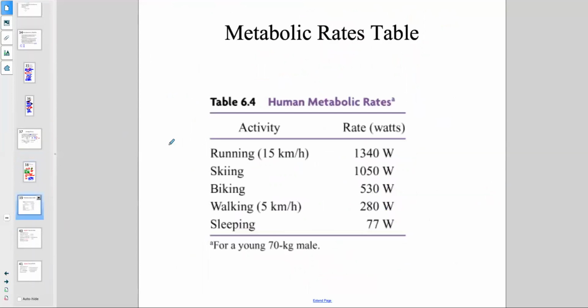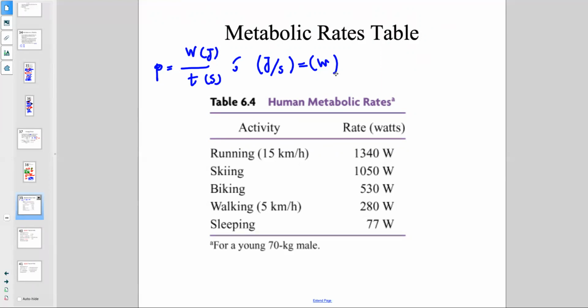As you remember, the power is work done over the time that the work is done. Work is in terms of energy, so it has joule, and time is in terms of seconds. So you have joule per second, or watt. Here are some activities, for example, running at 15 kilometers per hour.